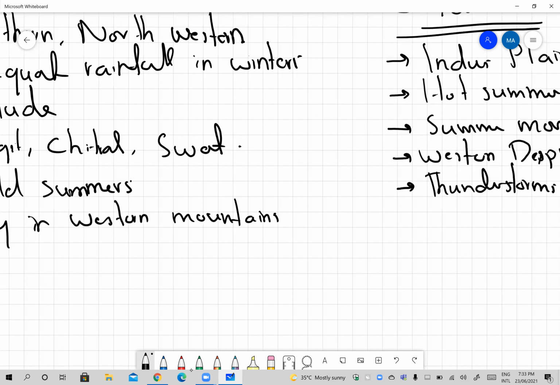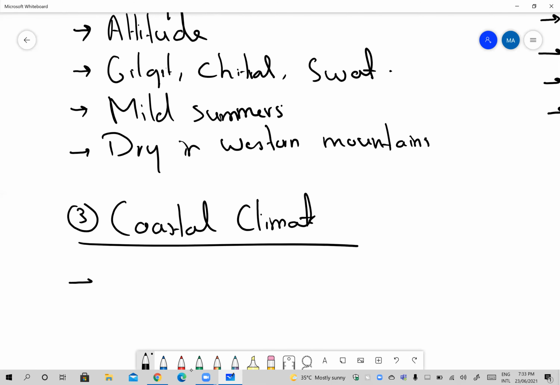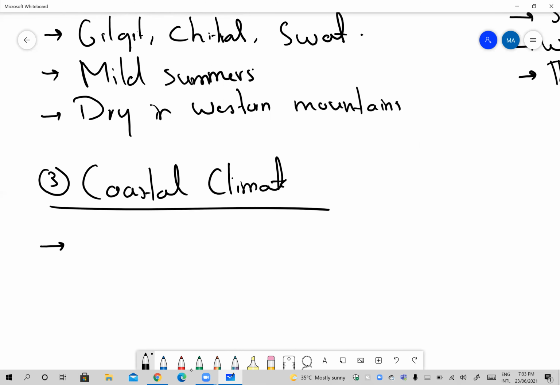Now we are going to talk about the coastal climate. Guys, the coastal climate includes the regions around the Indus Delta. Can anybody explain what a delta is?